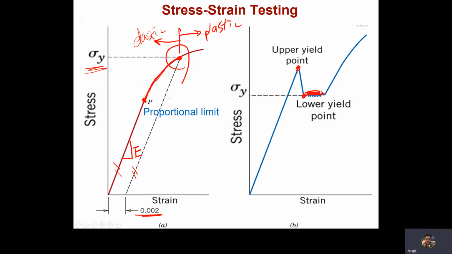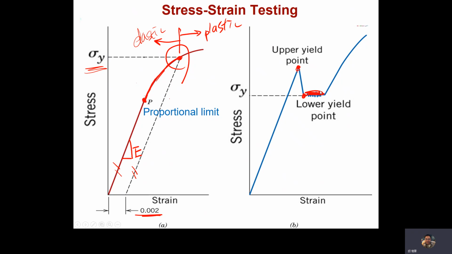It will happen in sheet manufacturing, and there's a phenomenon called Lüders bands. If you see a specimen with this kind of stress-strain curve, you will know it must have the Lüders band phenomenon when you stretch the metal sheet.